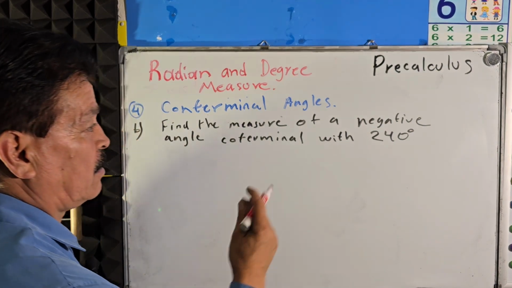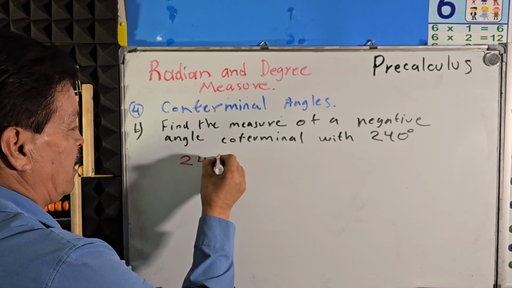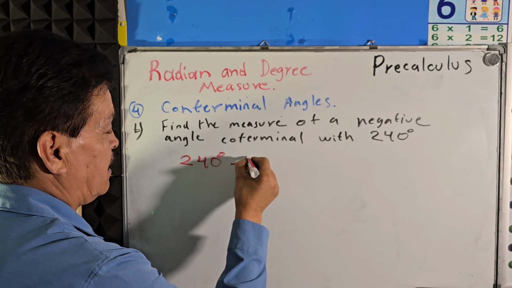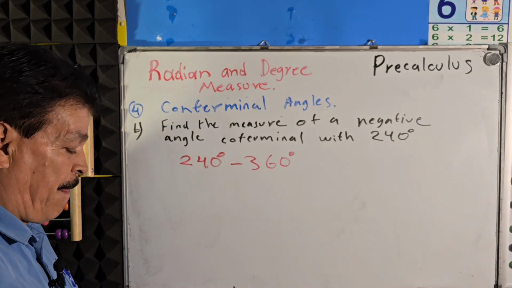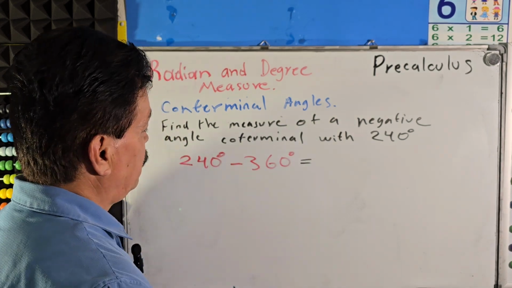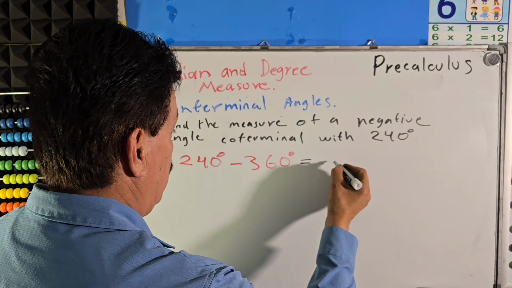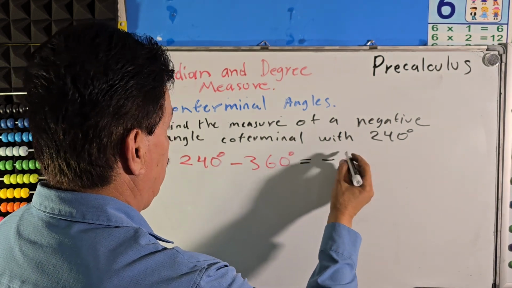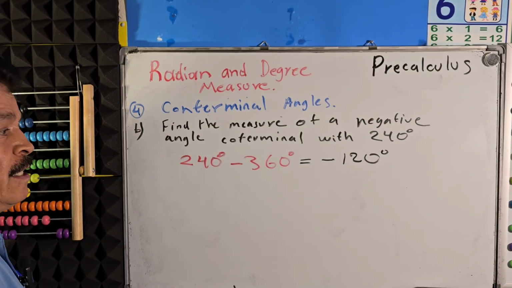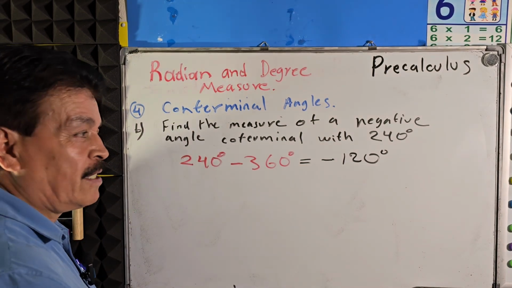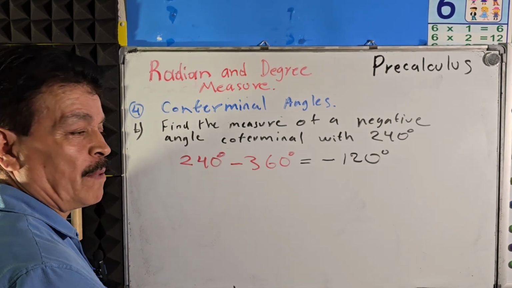As I solved problem number one, right now just write 240 degrees minus 360 degrees. You have to subtract, remember? So how much is it? It equals negative 120 degrees. You have the answer. It's very simple. This is not a complex problem. Just understand the main concept, and that's it.